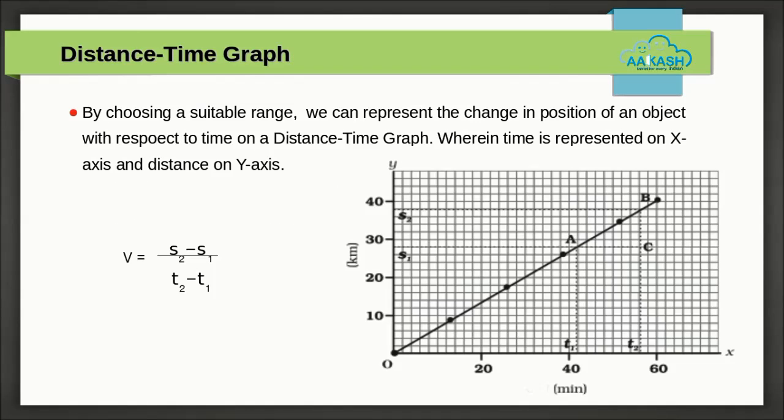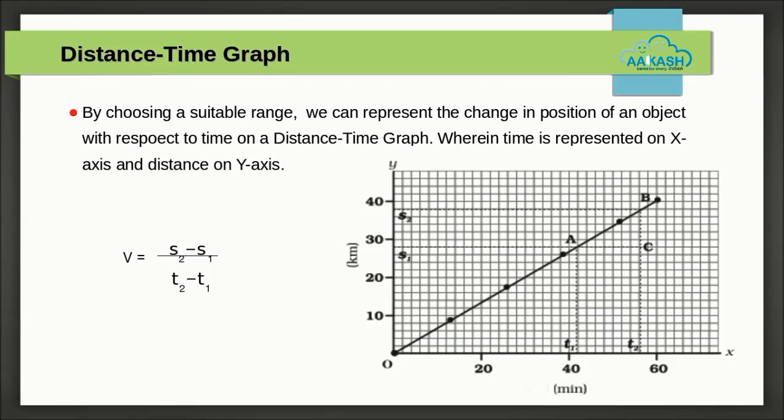Distance time graph. By choosing a suitable range, we can represent the change in position of an object with respect to time on a distance time graph, wherein time is represented on x-axis and distance on y-axis. Here in the graph, draw a line segment parallel to x-axis from A and another from point B parallel to y-axis. Both these lines meet at point C, where we can create triangle ABC.